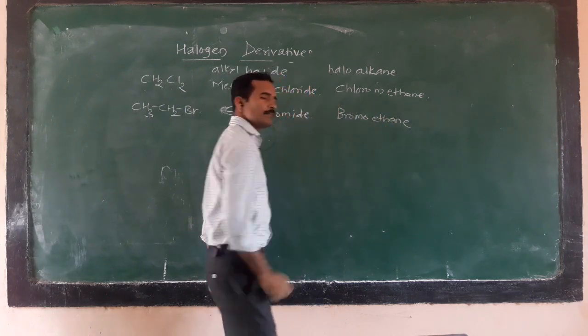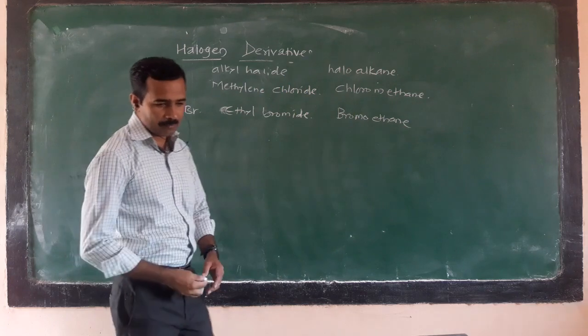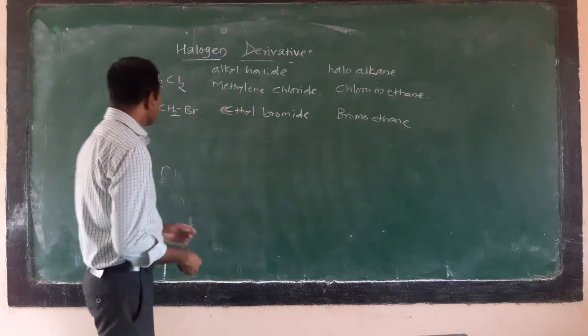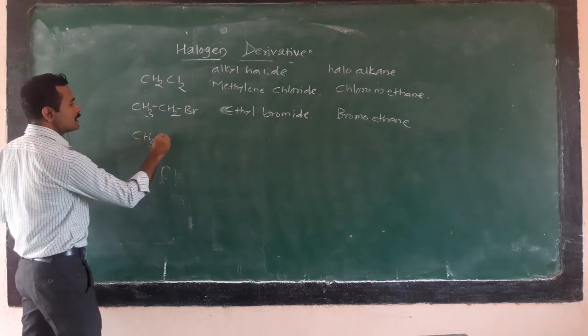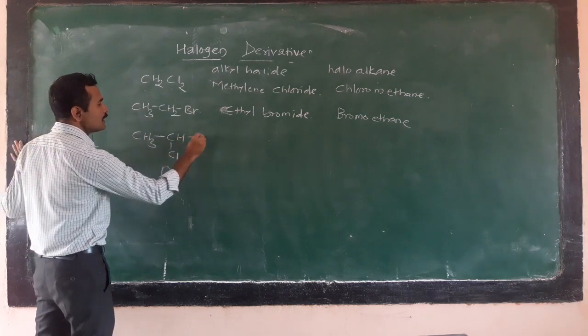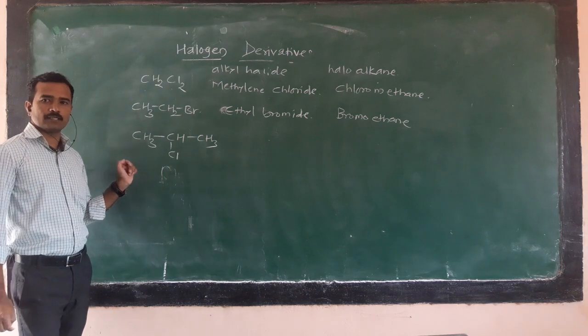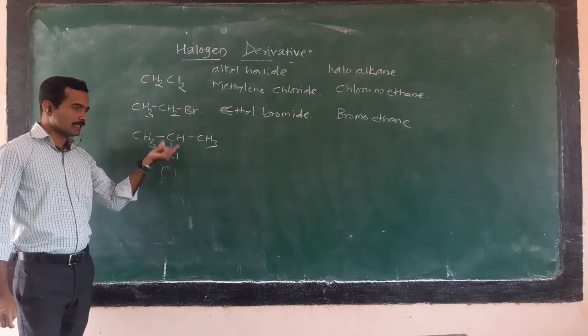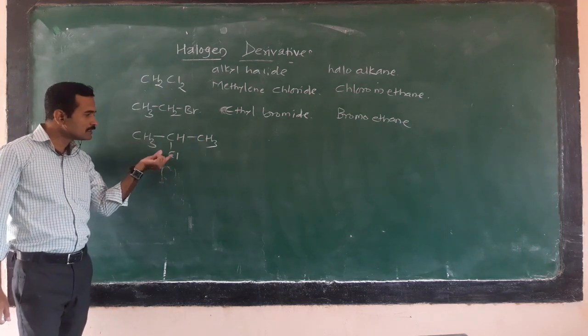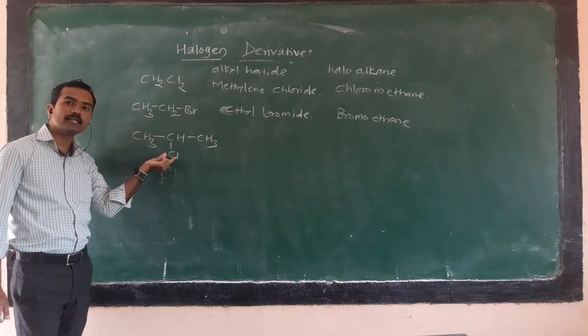The next example we take is CH3CHClCH3. As we discussed in the classification of alkyl halides, this is an example of a secondary alkyl halide.